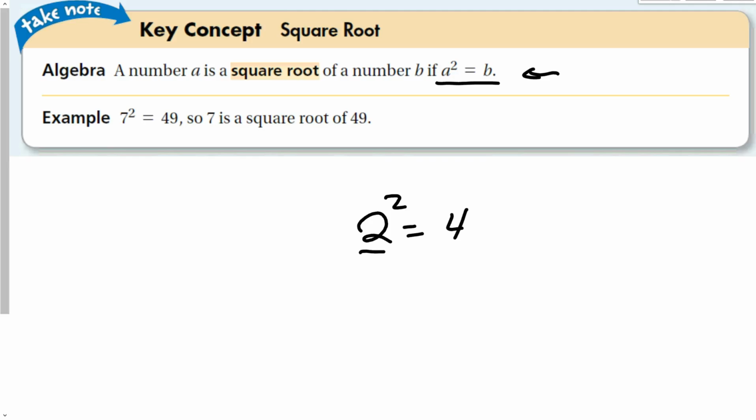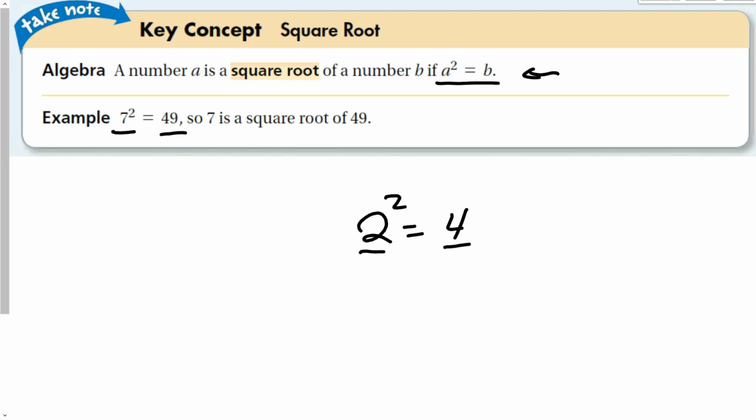So this number a, which is 2, is a square root of this number 4. Even better with this example right here, 7 is a square root of 49 because 7 squared is 49. So any number squared is a square root of a bigger number.